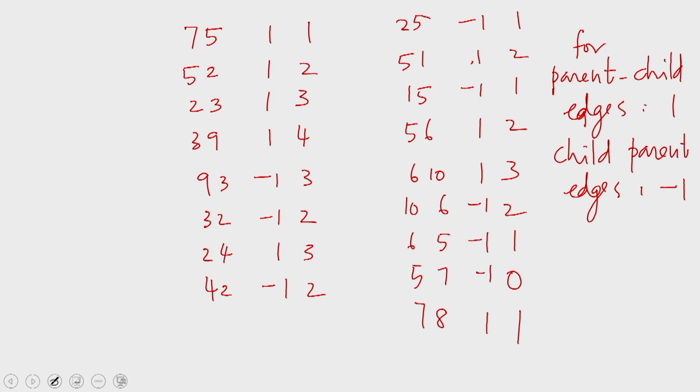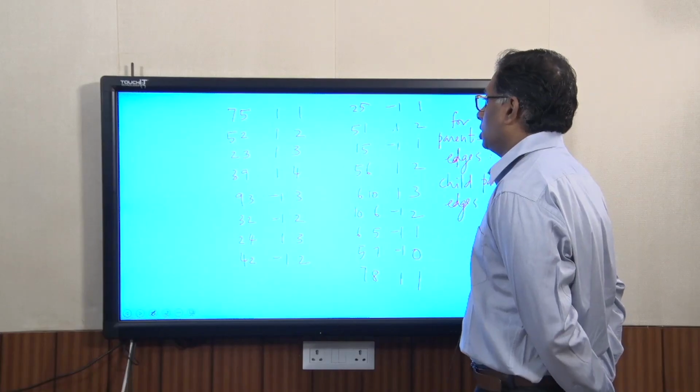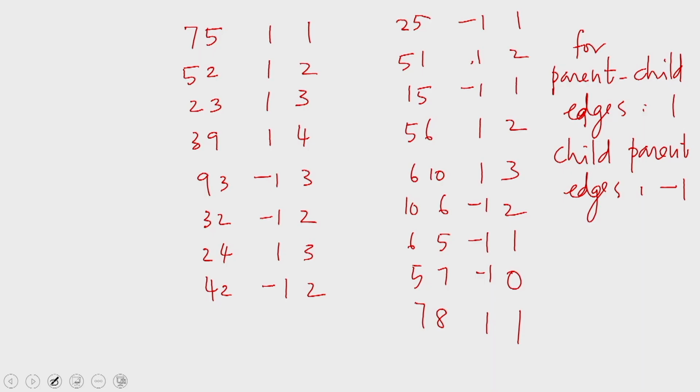This is a parent child edge coming into 5 and it has a value of 1. So, this edge can now decide that vertex 5 has a level of 1. Similarly, 5, 2 is a parent child edge with a rank of 2.